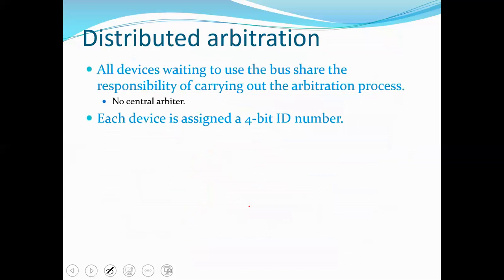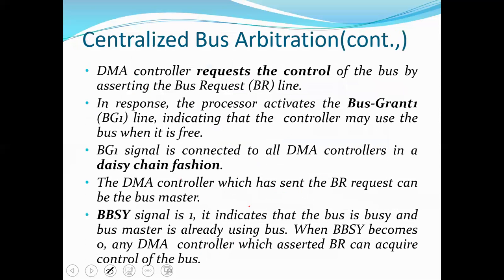Now we'll see distributed arbitration. Okay, in centralized arbitration, the same, this slide we didn't see, it is the same. Request for the bus, the processor or the bus arbiter circuit which is there within the processor grants the bus grant signal. Okay, and bus grant signal is forwarded as in daisy chain mechanism.